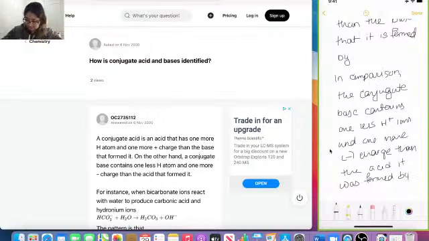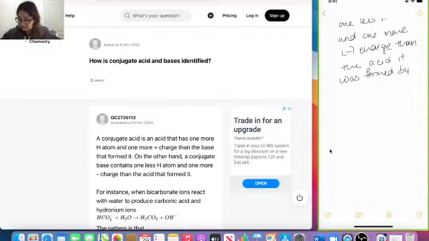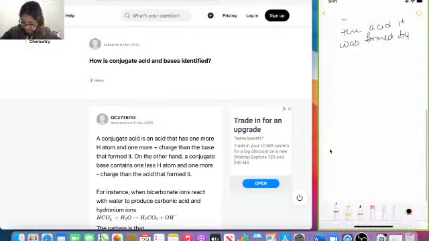Okay, so for example, let's say we have bicarbonate ions, HCO3 negative.